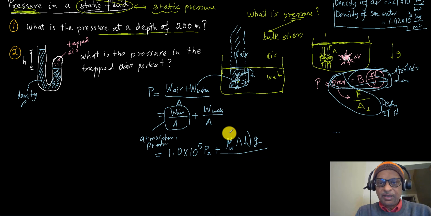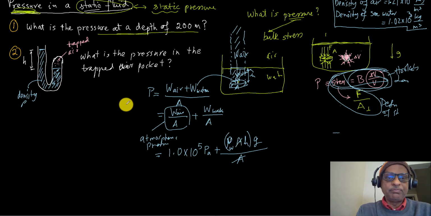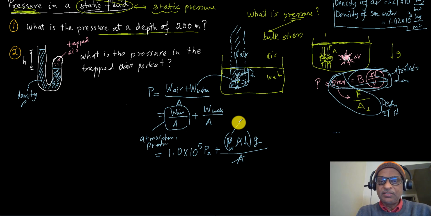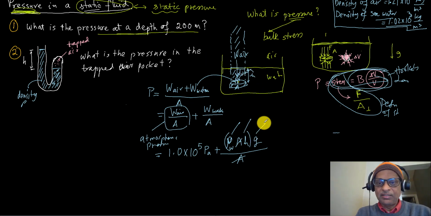So you can see the area cancelled out. So for the answer, use the density of water, and this is seawater, so we'll use this density, and then the height is 200 meters, and for g we'll use 9.8.